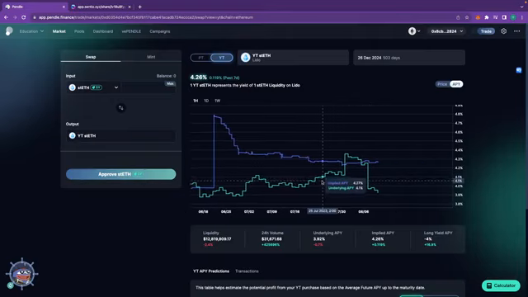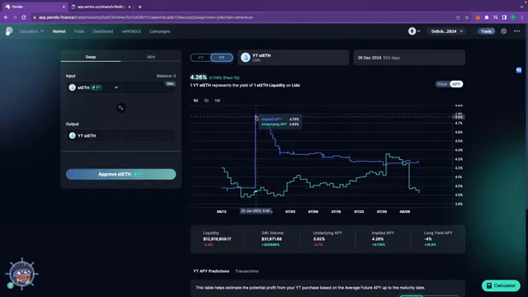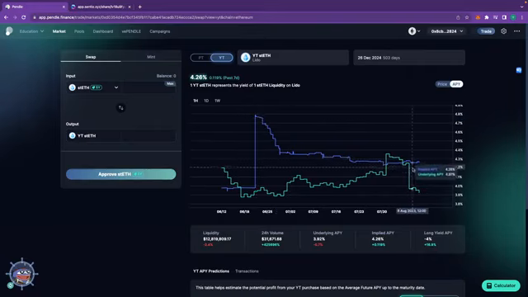And you can see that one of the reasons why it's so high is some people bought a lot of YT and shot up the implied APY to like 4.7%, and it has been going down ever since.